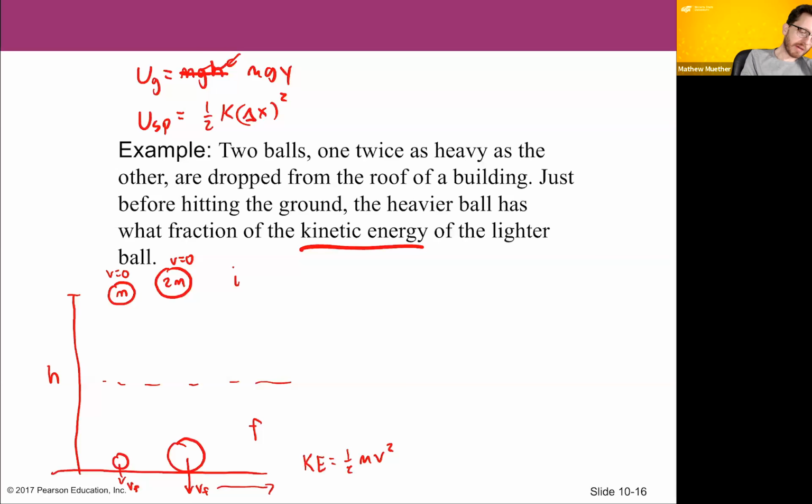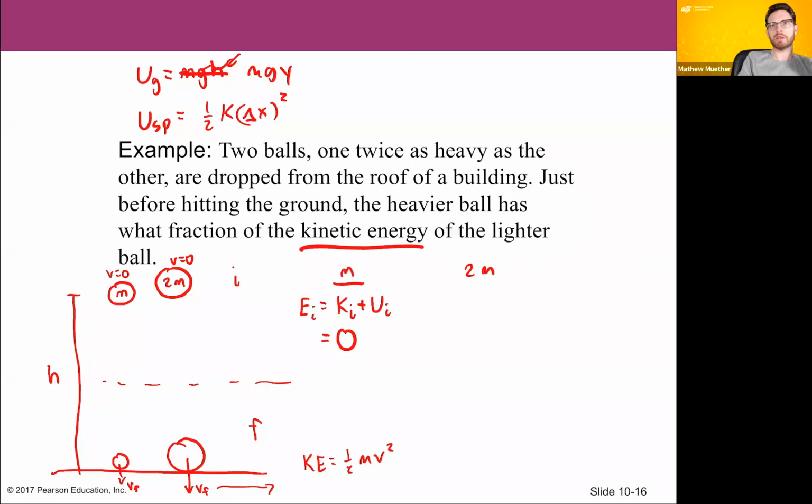So let's think about the energy. For the object that has mass m and the object that has mass 2m, those objects are at rest to start, so the initial energy in the system is the initial kinetic energy plus the initial potential energy. The object is at rest, so it has 0 initial kinetic energy, but it starts at some height h above the ground.